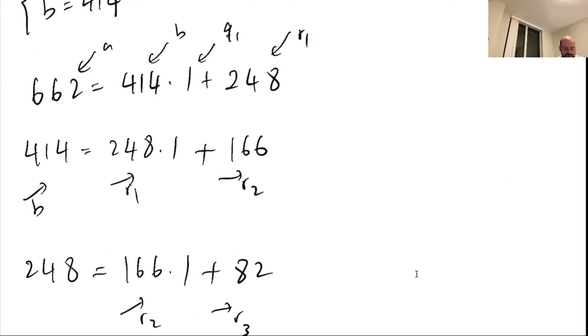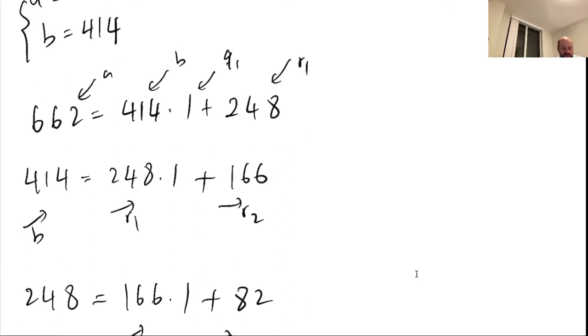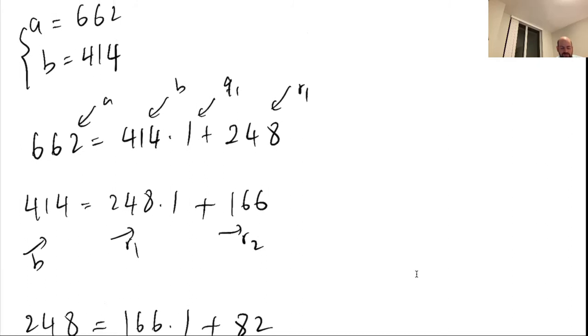And one step before that, GCD of 662 and 414 is the same as 414 and 248. So the idea here is to make the numbers smaller and smaller in each step until one number is a multiple of the other one.